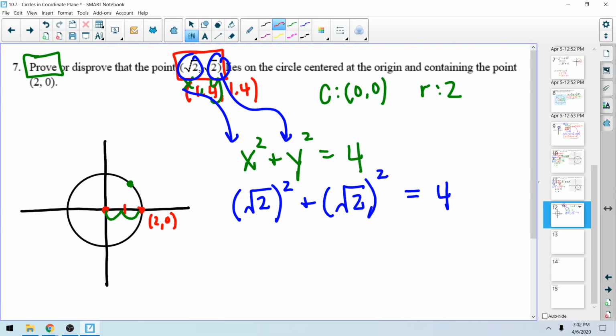Square root of 2 squared is 2. Plus square root of 2 squared is 2. Equals 4. So does 4 equal 4? Smiley face. So does the point square root of 2, square root of 2 lie on the circle? Yes.